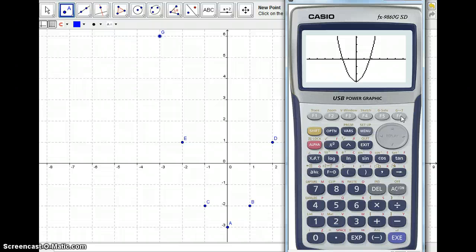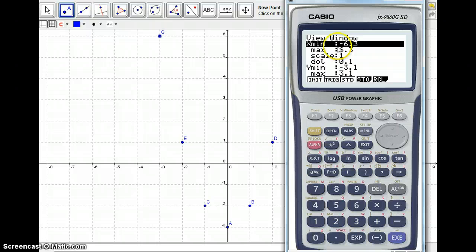If for some reason it doesn't, it might be because you are zoomed too far out or too far in on your graphics calculator. See this button here, F3, above it says V window. So shift V window, and this shows you your limits on your x-axis, minimum, maximum, what the scale should be.